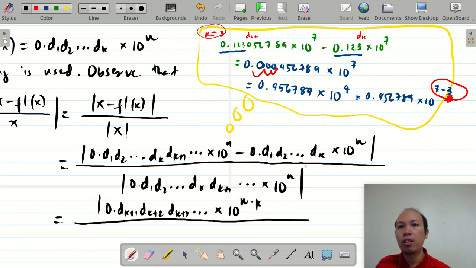Okay, we know our n is 7, as you can see here, and our k is 3, this one here.